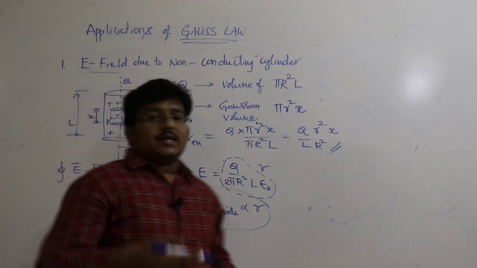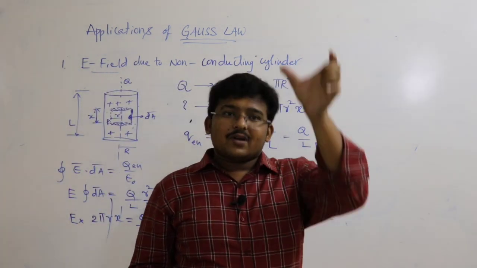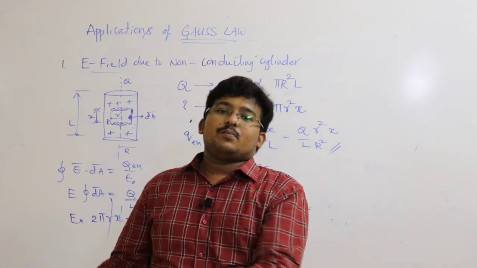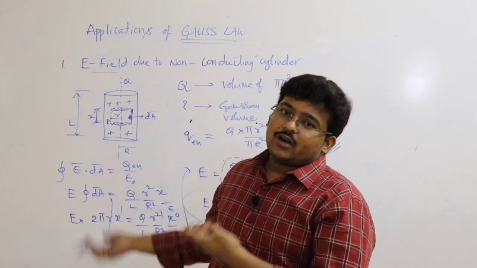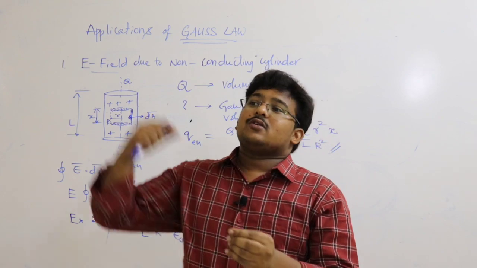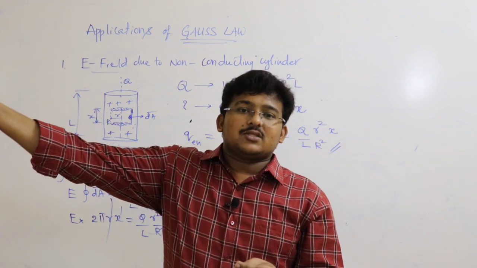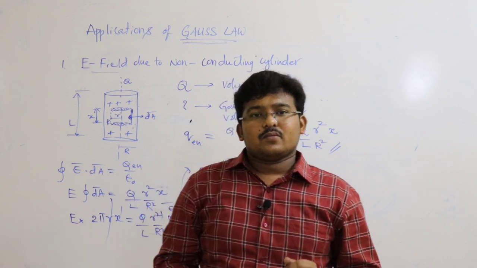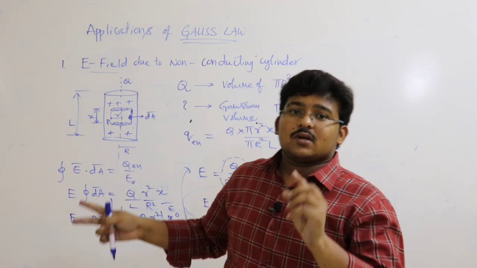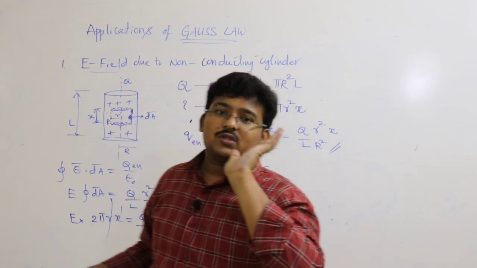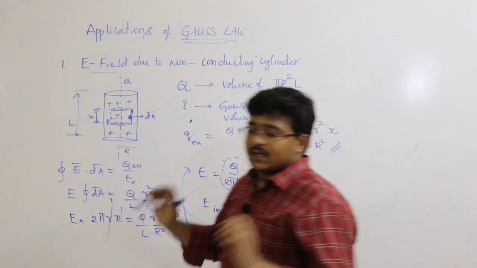Now what about outside? What we did for the conductor, the outside is also the same, because if a charge q is given for a conductor, or a charge q is given for a non-conductor, when you talk about outside points, the q enclosed is the same. So for outside points the formulas will be the same for both of them; the only difference is inside.